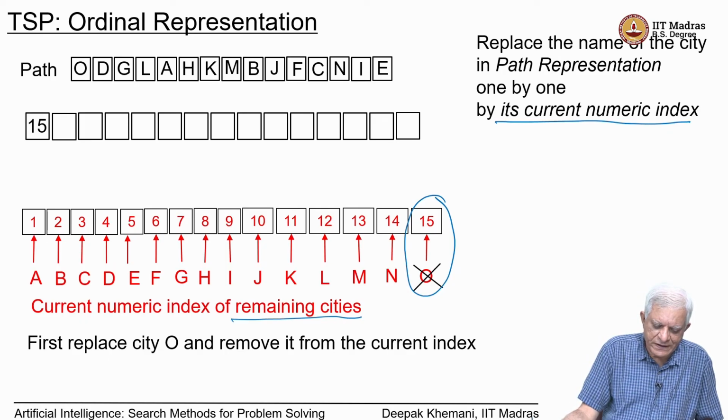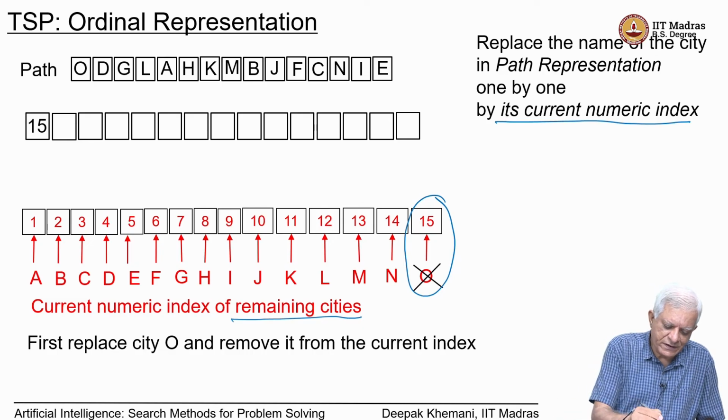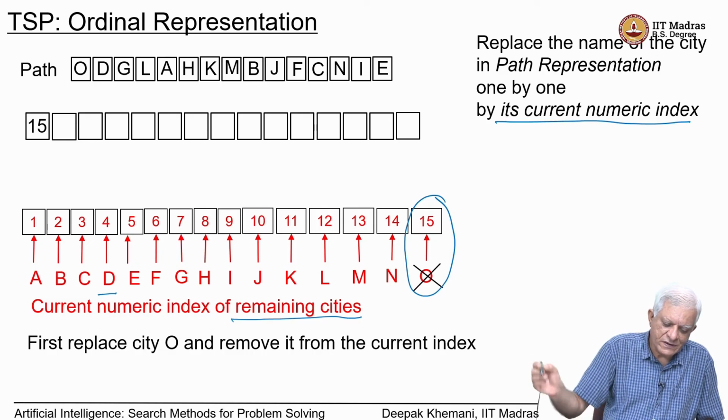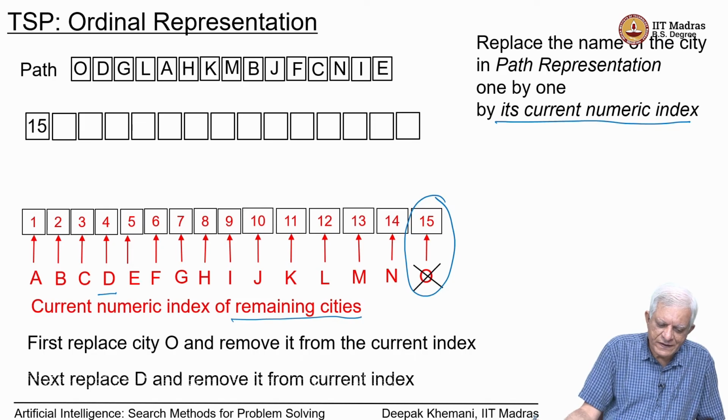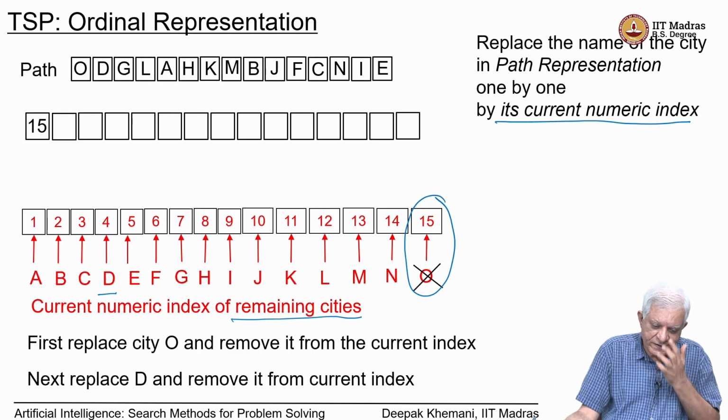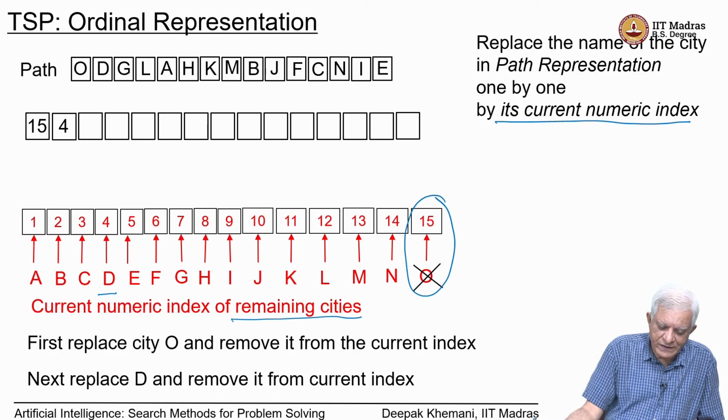Then we go to D. Okay, what is the location of D? You can see that D has location 4 in the index. So we copy that 4 there, but what we also do is that we remove D from the current index.